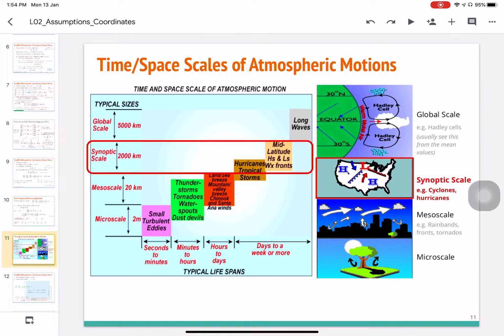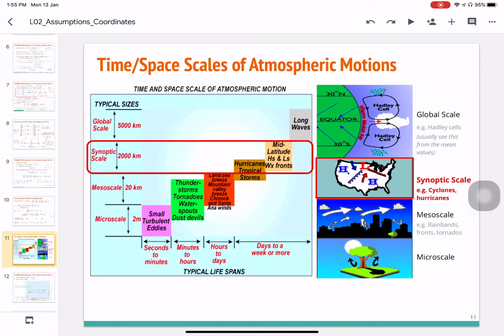This is synoptic scale motion, with a length of around 2,000 kilometers. For air motion smaller than that, the anelastic approximation doesn't apply, which means that for frontal systems, thunderstorms or small scale turbulence, it doesn't work.